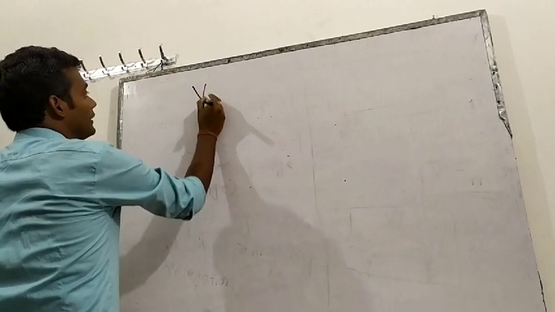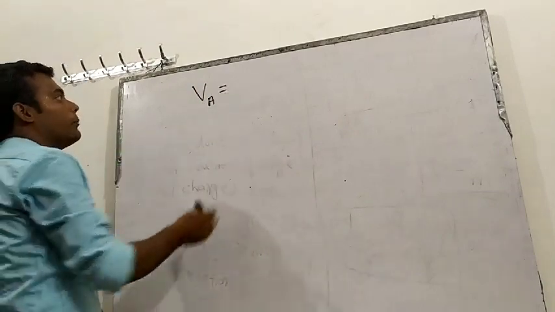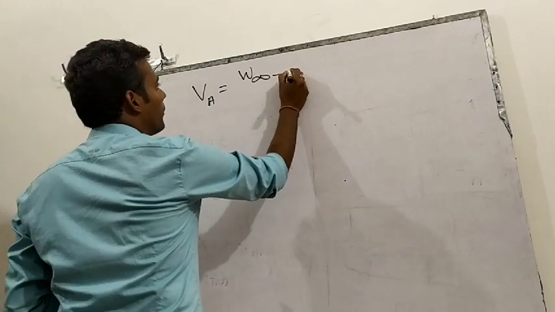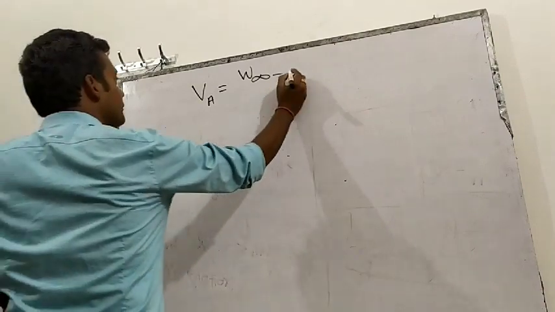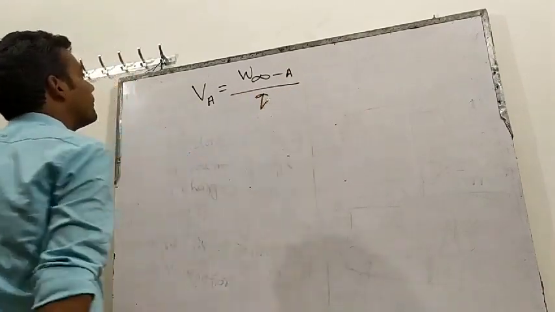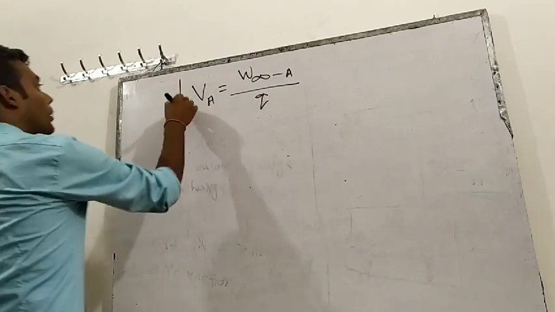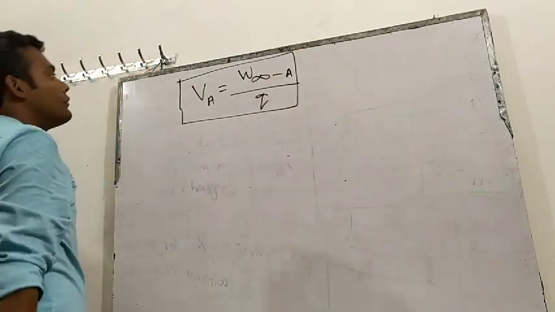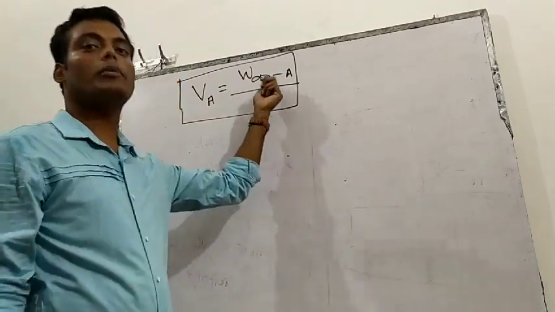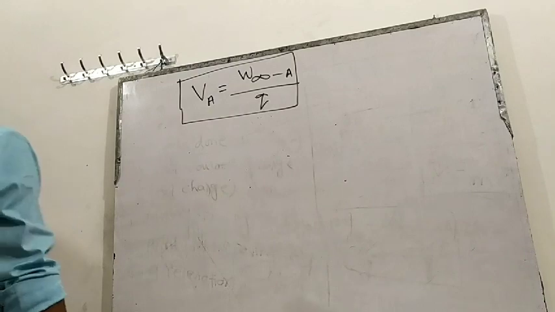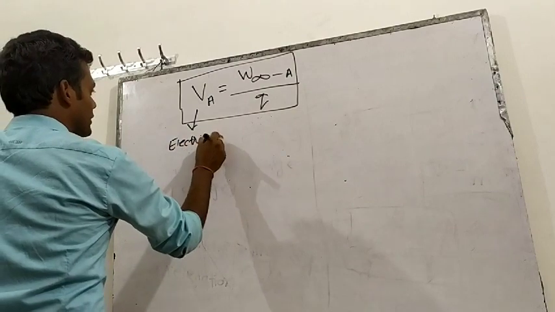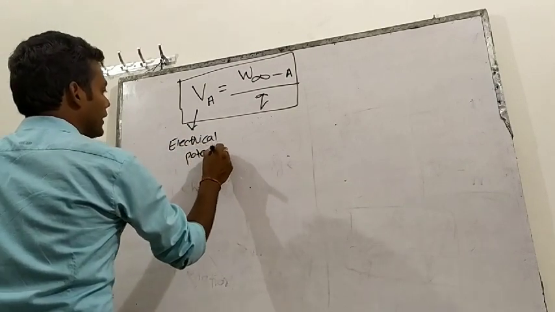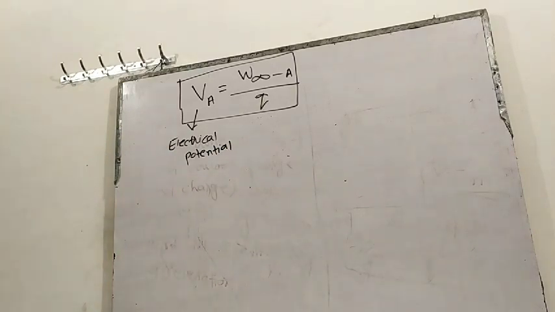Now see that potential at any point is defined as work done in bringing it from infinity to any point A per unit charge. Correct? This was the formula. The potential is defined as work done in bringing a unit Coulomb charge from infinity to any particular point. This is electrical potential.